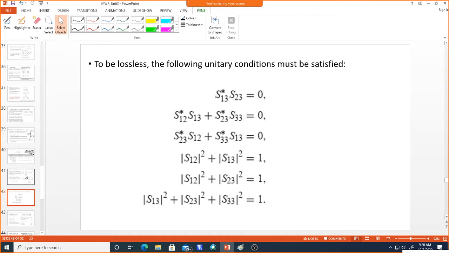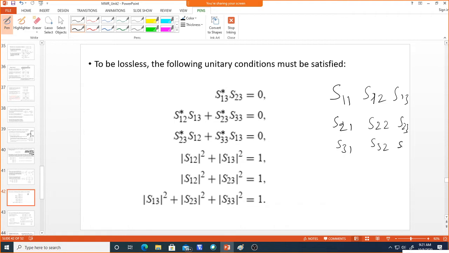How will it be? Just take the matrix S11, S12, S13, S21, S22, S23, and S31, S32, S33.